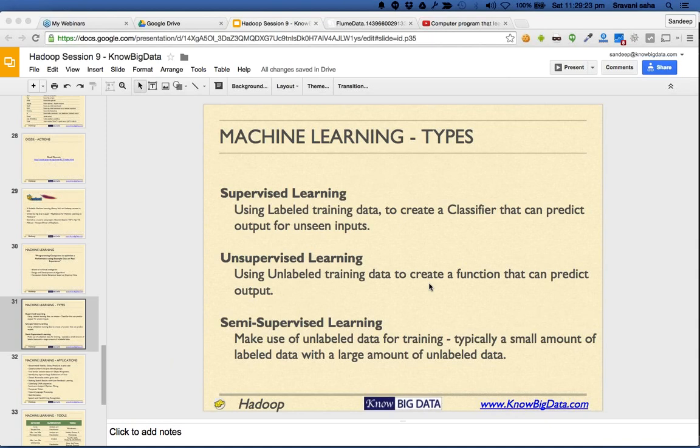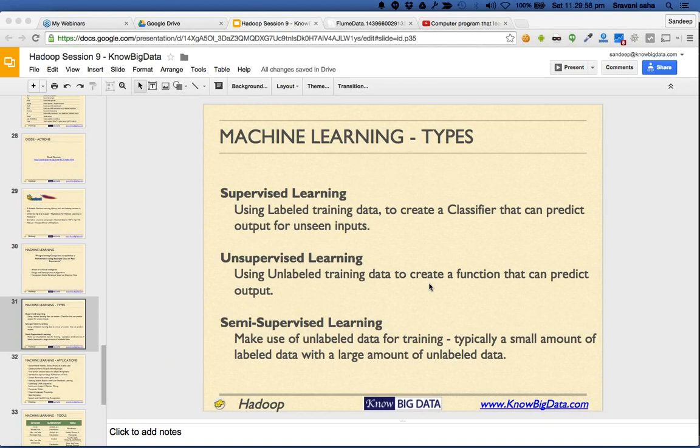Take a case of your email. When your emails are coming to your inbox, Gmail automatically categorizes them into spam and not spam, right? Now, initially, if you have to write a spam filter, you will have to train it. You have to tell it initially, maybe for 10,000 emails, that this is spam and this is not spam, and so on. This kind of learning is called supervised learning.